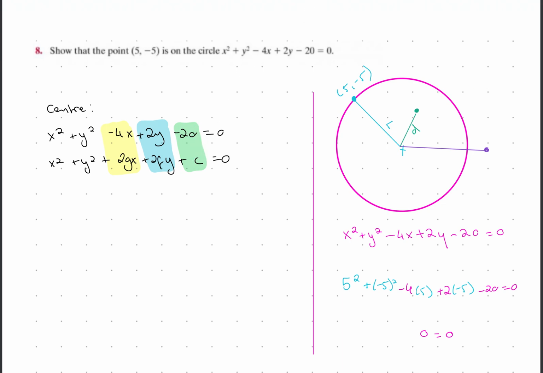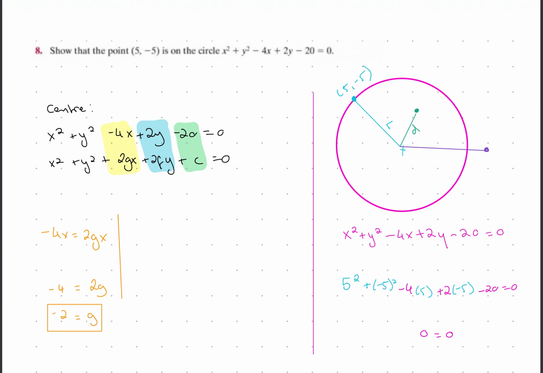So what I'm going to do here then is write that minus 4x is 2gx, and I can solve that by dividing both sides by x, and I'm left with 2g is equal to minus 4, so that means that g is equal to minus 2. There's g.